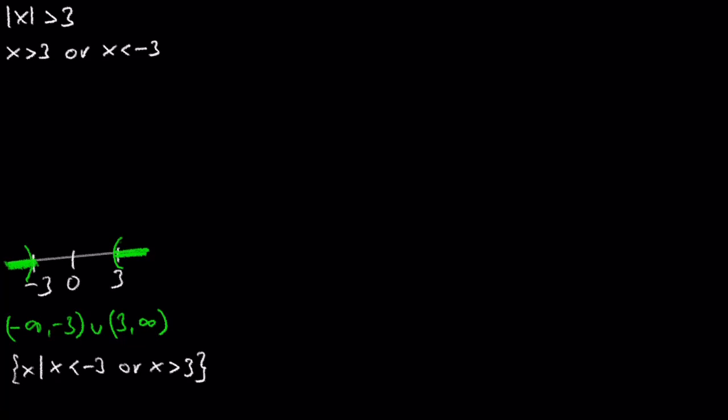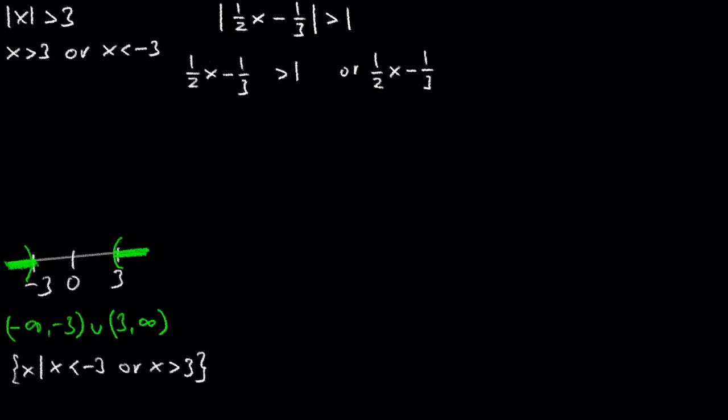Let's look at the absolute value of 1 over 2x minus 1 over 3 is greater than 1. The expression 1 over 2x minus 1 over 3 is greater than 1, or 1 over 2x minus 1 over 3 is less than -1.